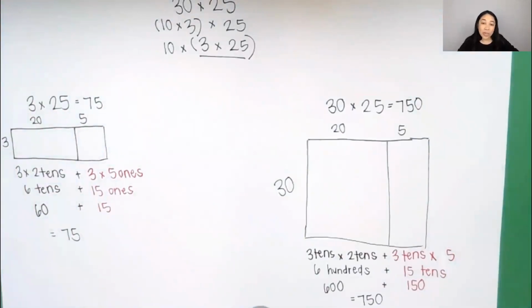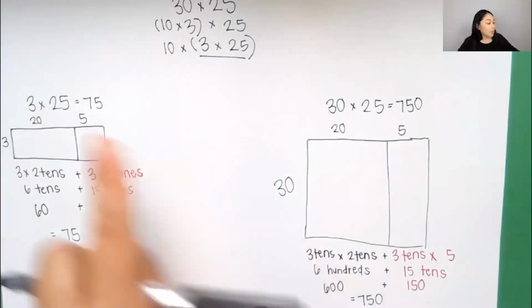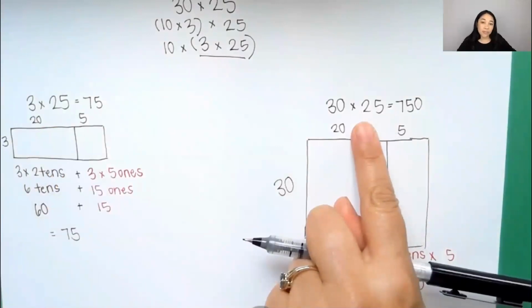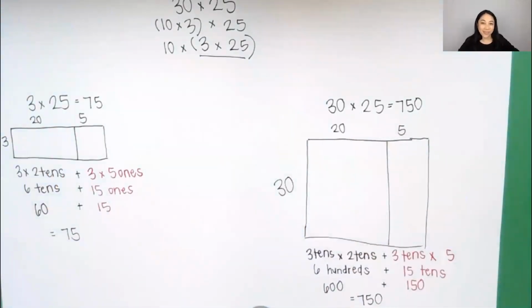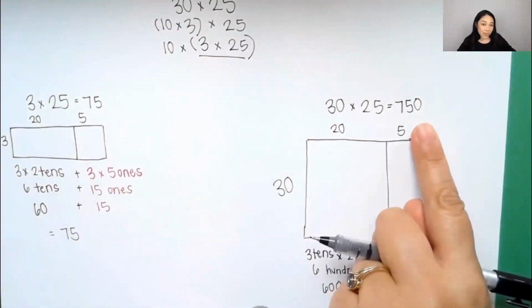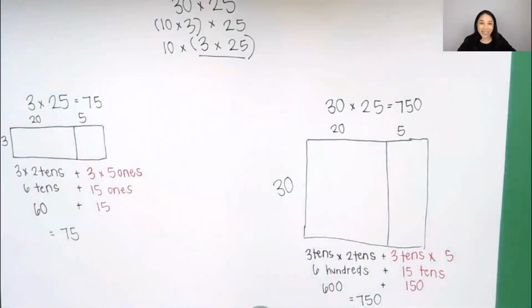And when you do, I want you to think about how the two products of 3 times 25 and 30 times 25 are related. Welcome back. How are the two products related? Well, one was 75 and the other was 750. We can see that's 10 times as much.